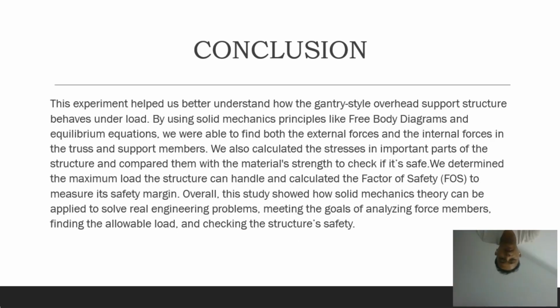For the last, the conclusion. These experiments help us better understand how the gantry-style overhead support structure behaves under load.